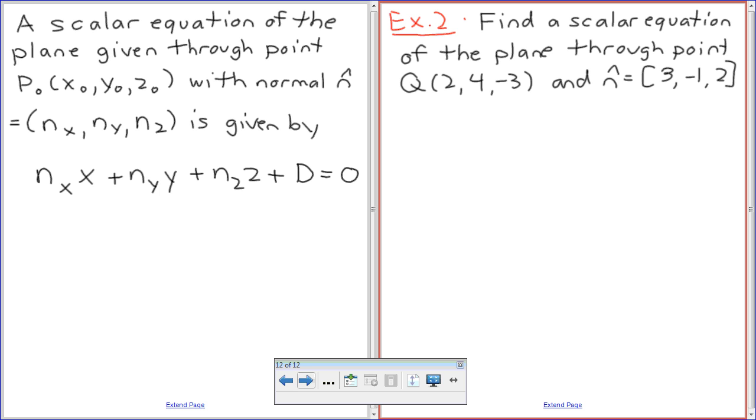So we said our general equation is nx x plus ny y plus nz z plus d equals 0, and this is what was getting Chris mixed up there. To get this down initially, what are my normal coordinates I can sub in?